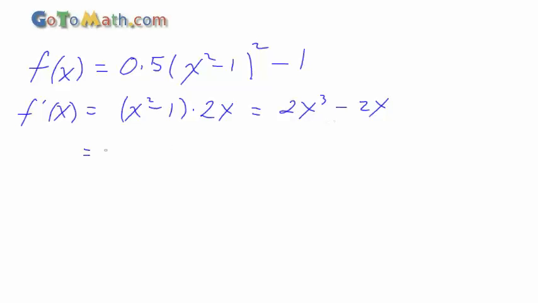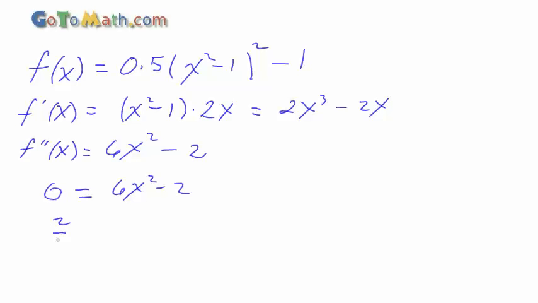And then we'll take the derivative of that. So we have f double prime of x is equal to, the derivative of 2x cubed is 6x squared minus 2. And then of course we set this equal to 0 and solve for x.